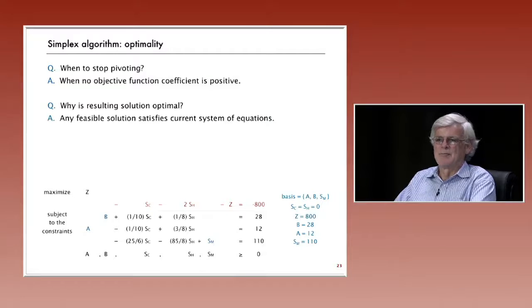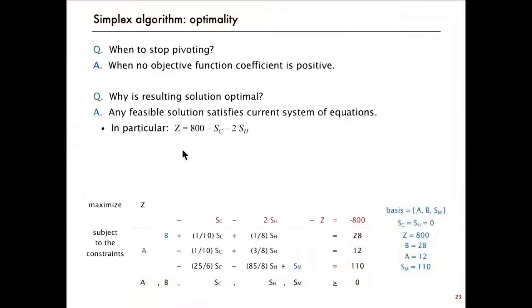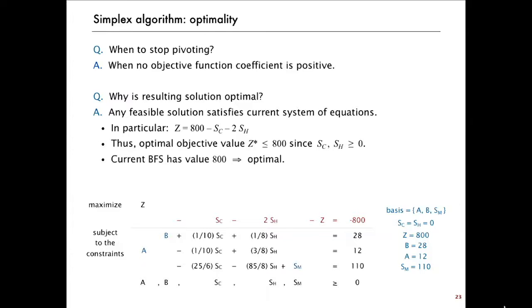And that is optimal because, first of all, any solution is going to satisfy the current system of equations. In particular, whatever values you give SC and SH, it's got to satisfy this equation. But since they're positive, you can't do better than 800. So you should be happy when they're zero, which is where they are. It's as simple as that. And so the current value is 800, so it's optimal. You're not going to do better.